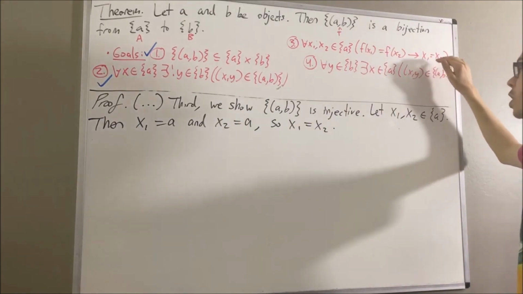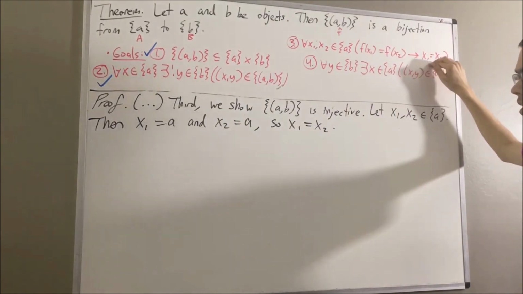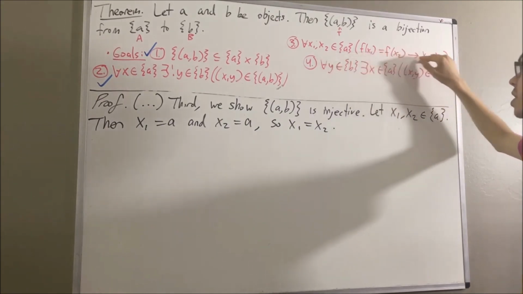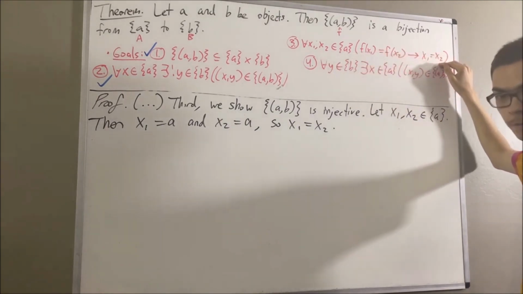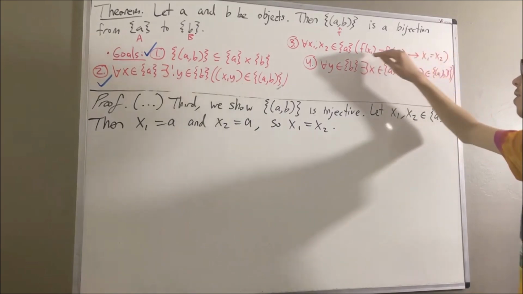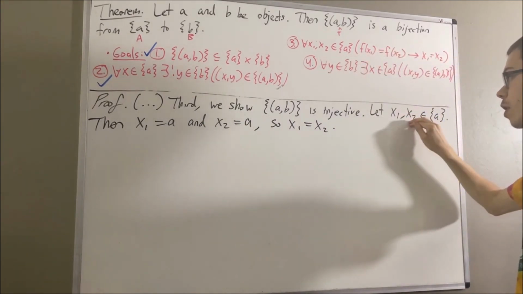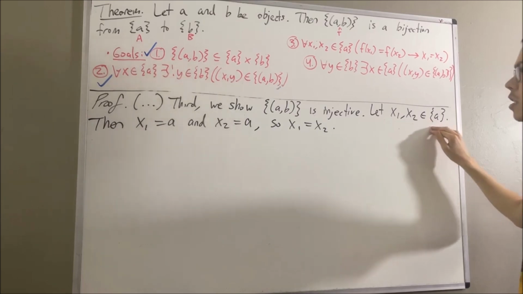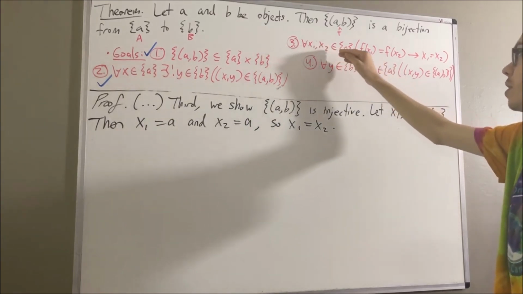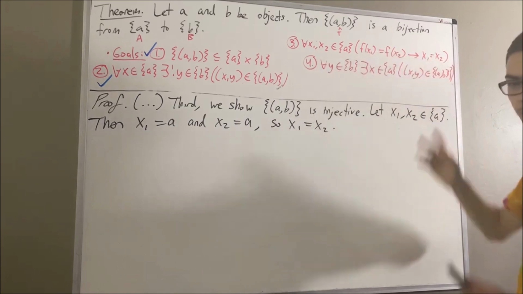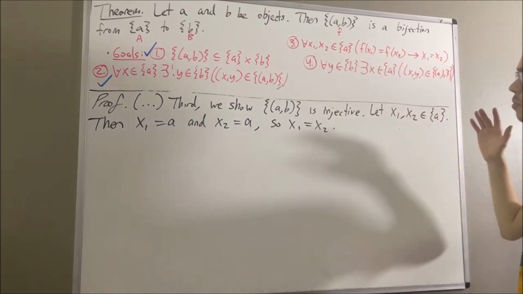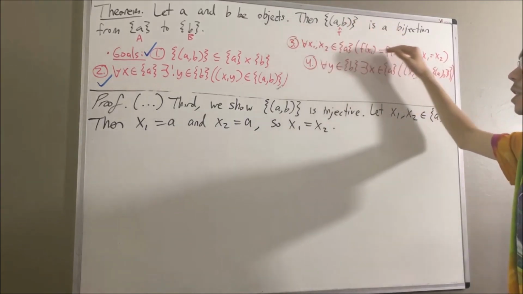And if we've proven the conclusion of a conditional statement, that implies that the entire conditional statement must be true itself. So yeah, this is true. And since these two elements of the singleton set of A were arbitrary, this means for all x1 and x2 in the singleton set of A, this statement is true. So this proves that our set of ordered pairs is injective.